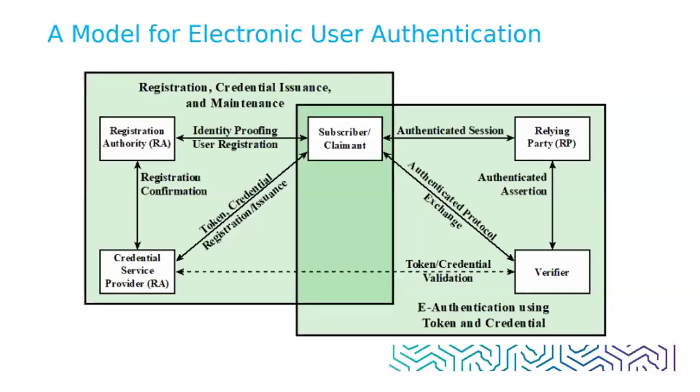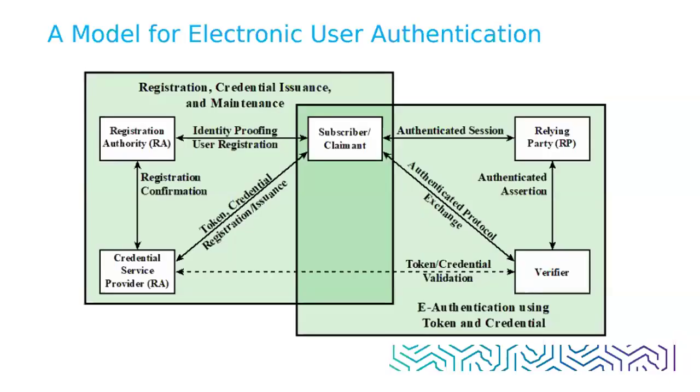In modern cloud services, these roles are often performed by specialized identity providers and authentication services, and this separation helps organizations securely manage user identity while allowing multiple applications to rely on a trusted authentication process.